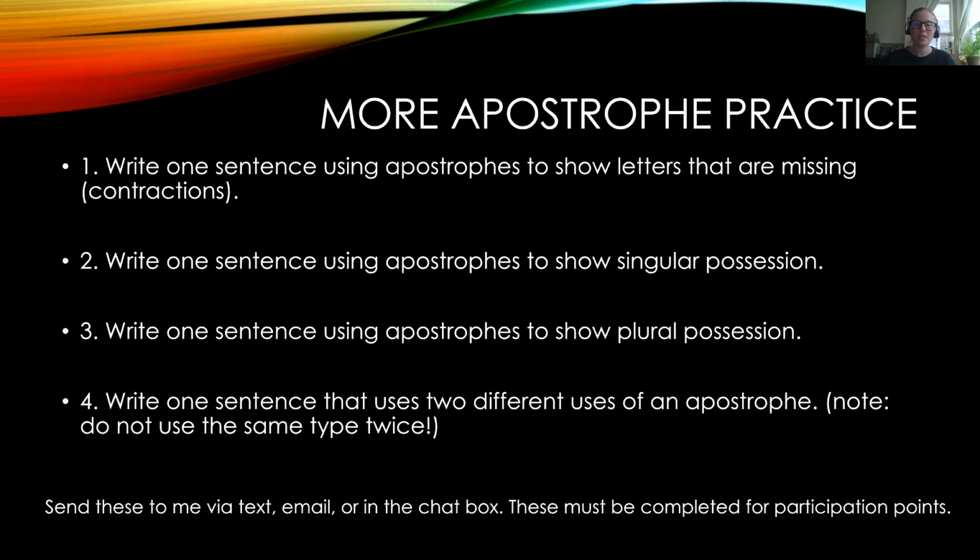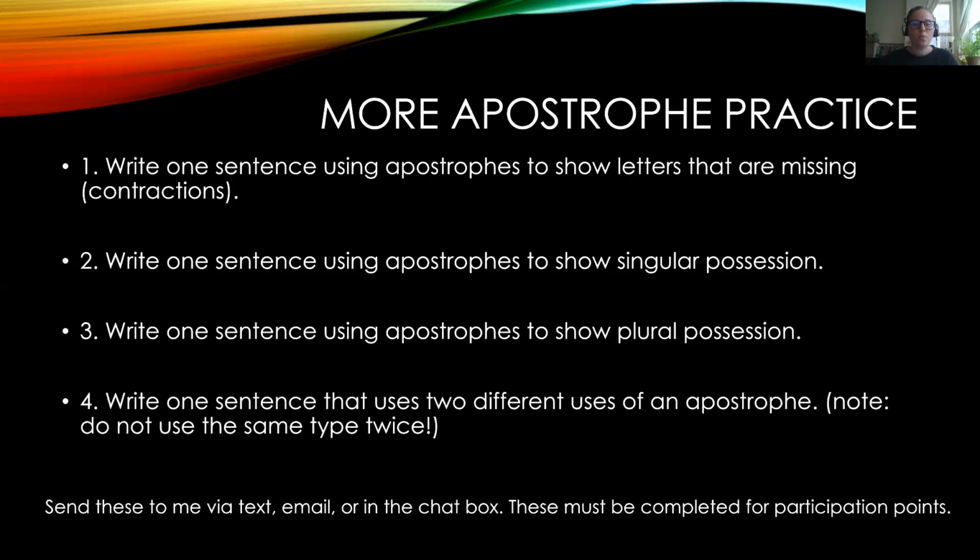You're going to write one sentence using apostrophes to show letters that are missing, so probably contractions. Write one sentence using apostrophes to show singular possession, that one thing owns another thing. Write one sentence using apostrophes to show plural possession, so multiple people or things share another thing, or they all own it, right?